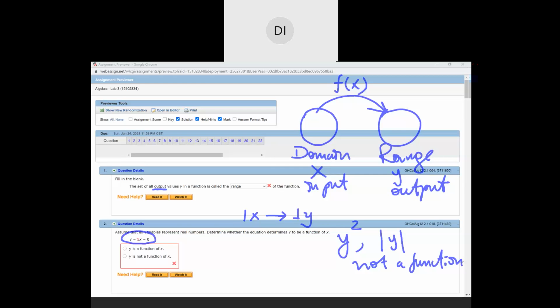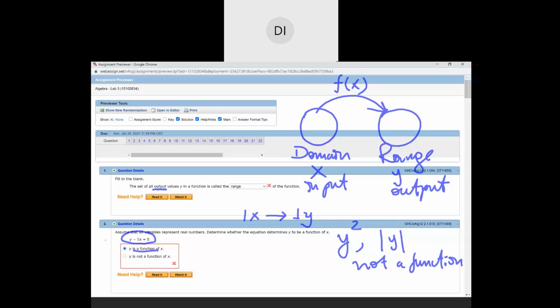So y squared and absolute value of y are not a function. Do you want me to explain why, or do you just want to take it as a rule? I accept that as a rule. Okay, perfect. So we're going to pick is a function, the first answer.